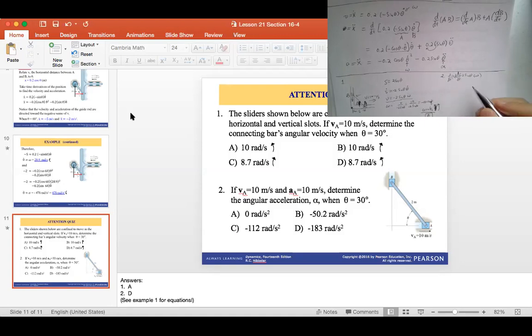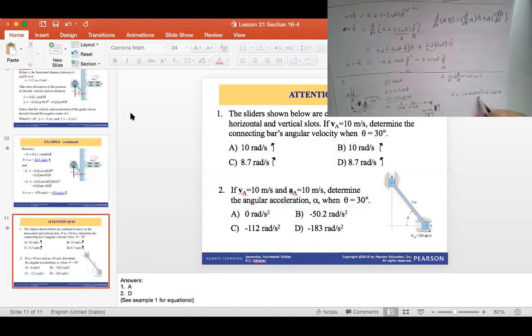You can refer to that one, but I'm just going to quickly jump to the final expression. Alpha A, or acceleration A, is going to be equal to minus 2 cosine theta omega squared minus 2 sine theta times alpha. This will be your final expression after a couple of steps of doing derivatives.